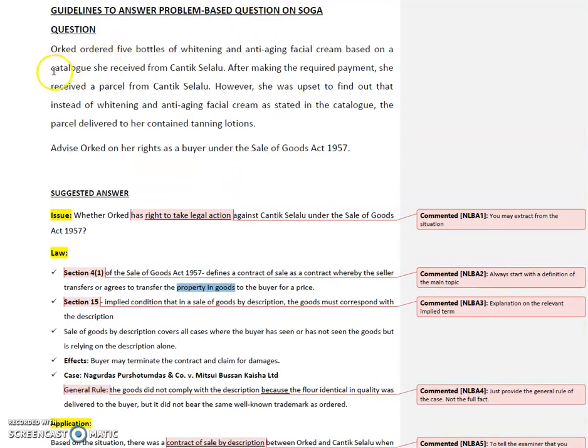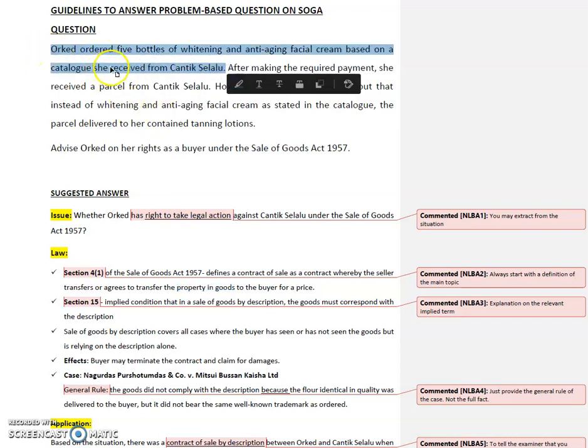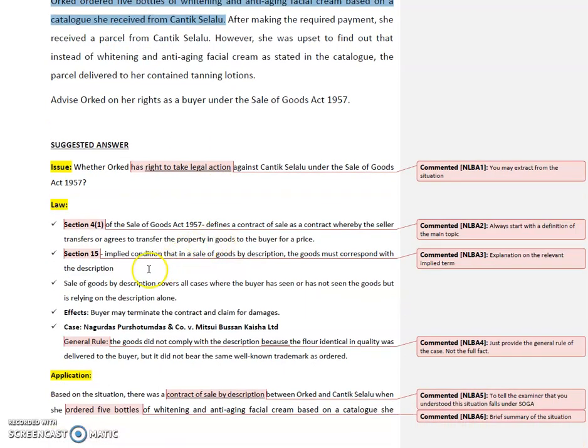Please refer to the first sentence here. Orchid ordered 5 bottles of whitening and anti-aging facial cream based on a catalogue she received from Cantik Selalu. Catalogue means that she entered into the contract based on descriptions.